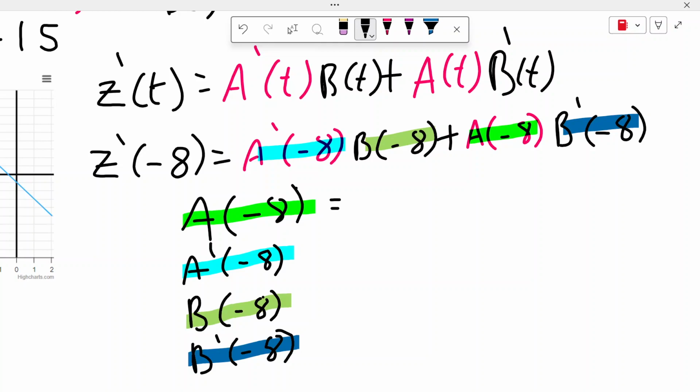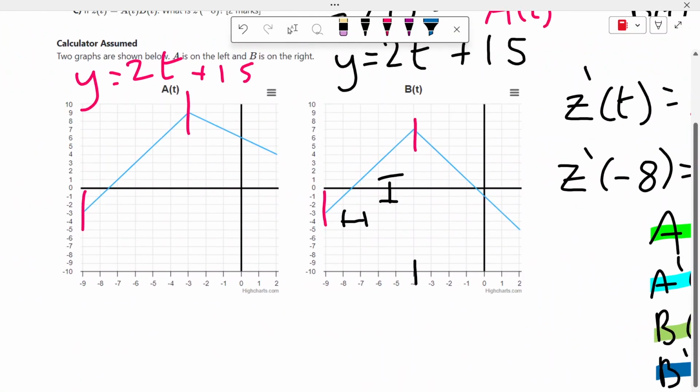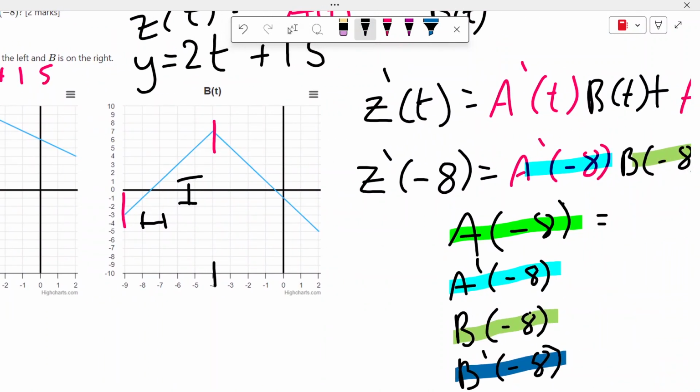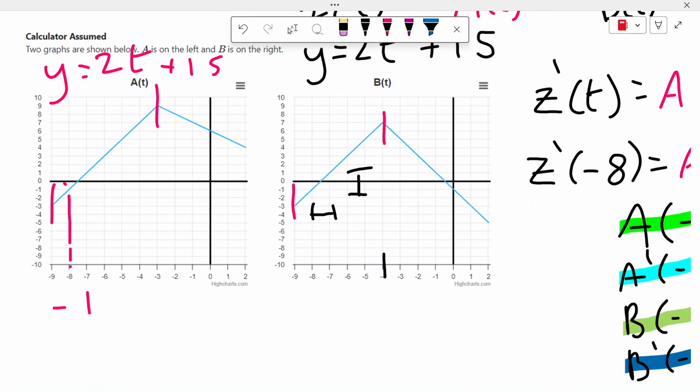Okay, so if we go back, we've got to figure out what a is when it's minus 8. So this is function a, and it is minus 1 for this guy. So I'll put that in, minus 1. All right, now what's the gradient of that? Well, I've already done the hard yards to figure it out for you. That's where we went across by 1 and we go up by 2.